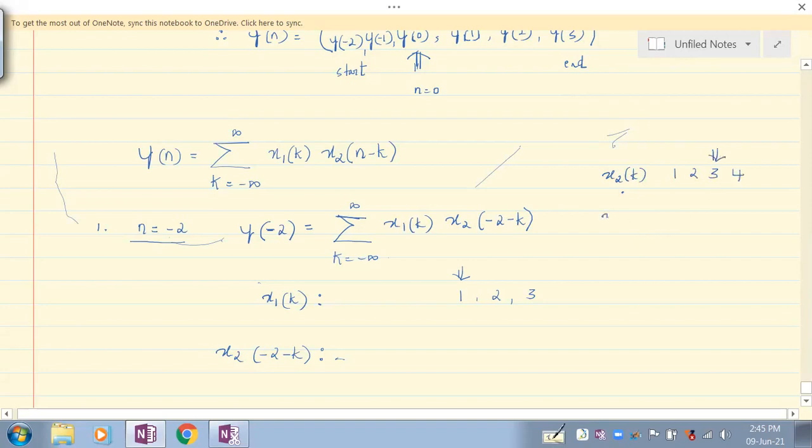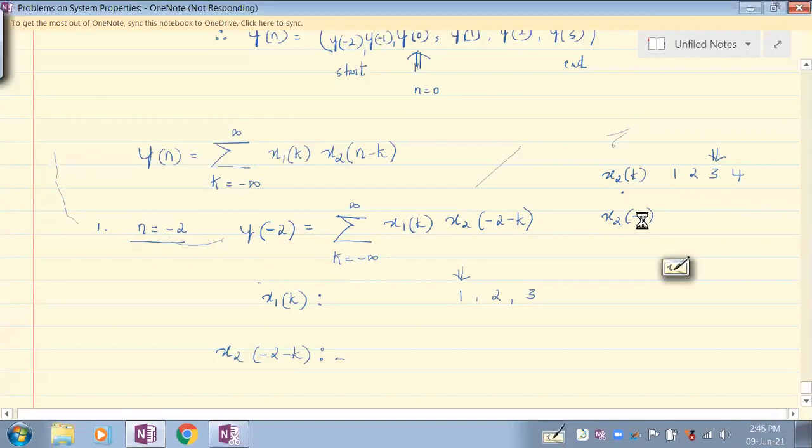So now what is x2 of minus k? It is the reflection of this. Can anybody tell me what x2 of minus k is going to be?